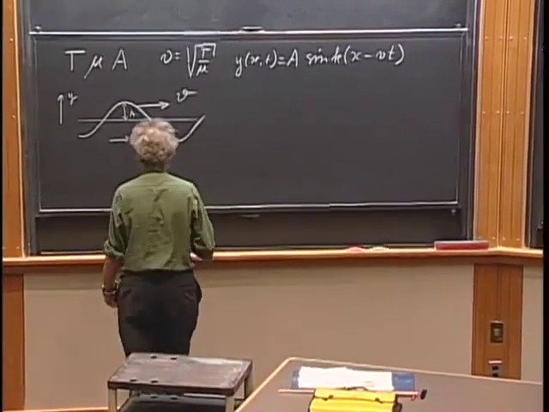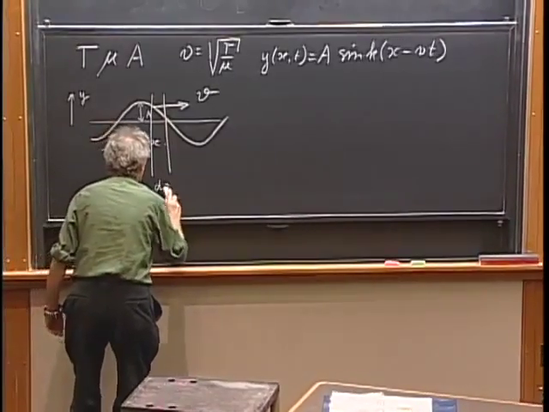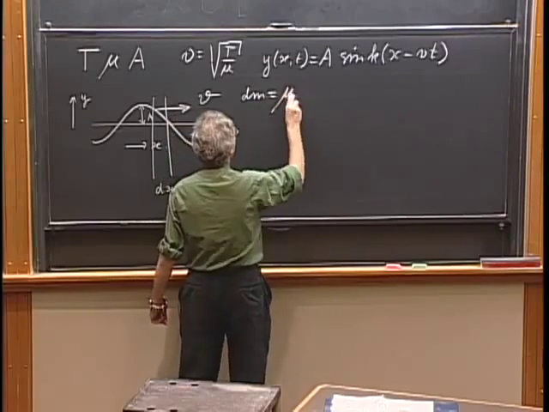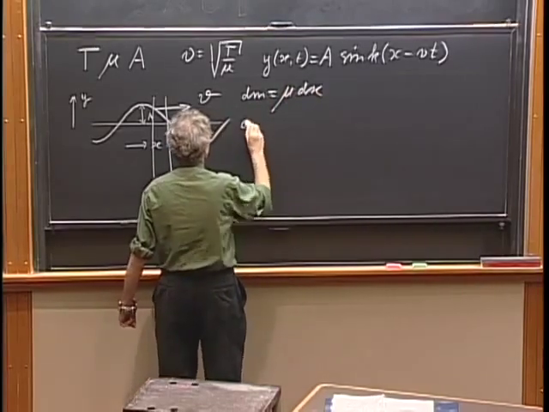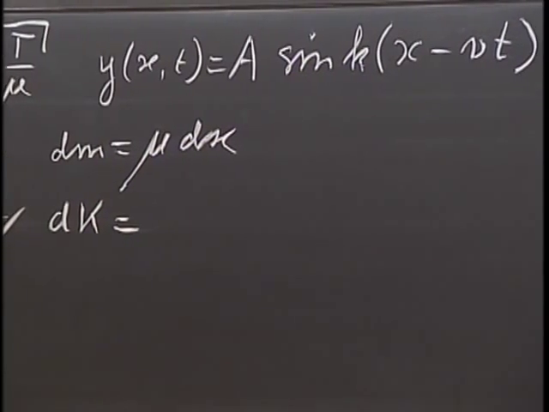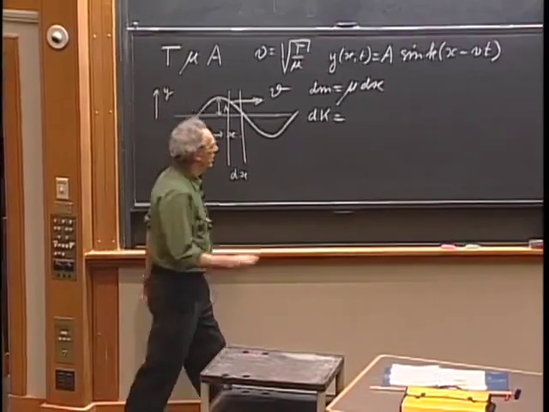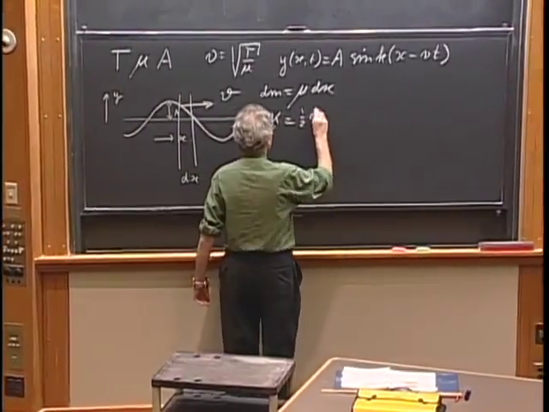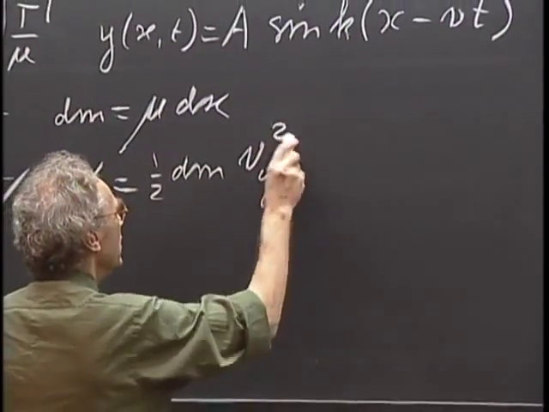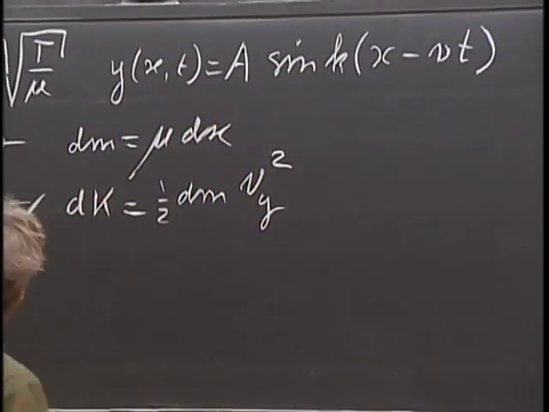I slice out here a section dx. And so the mass in that section dm is mu times dx. And so the little bit of kinetic energy, K stands for kinetic energy, in this small part is 1/2 times the mass, 1/2 mv squared, and v is the speed, the velocity in the y direction.